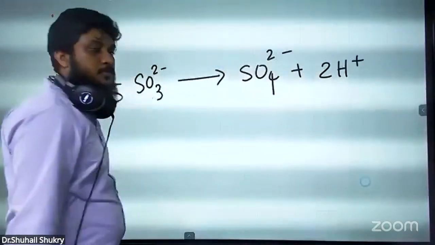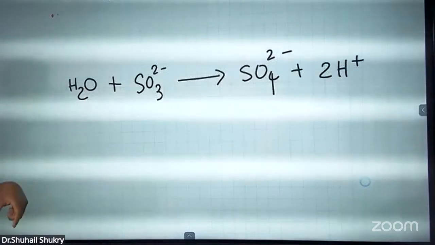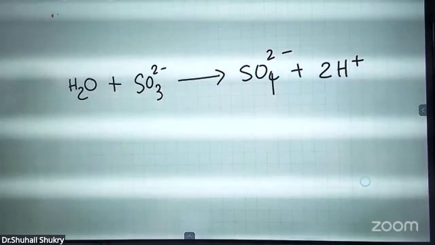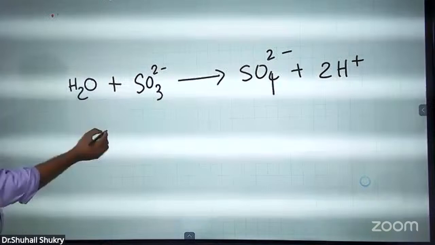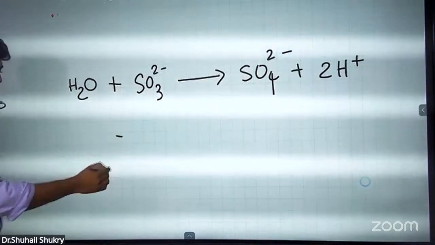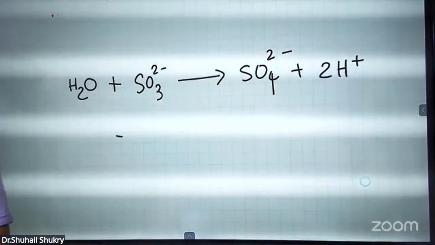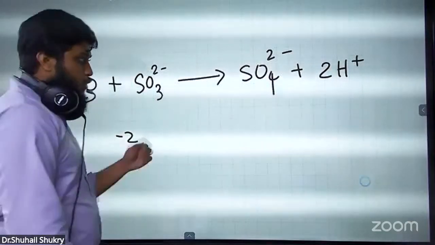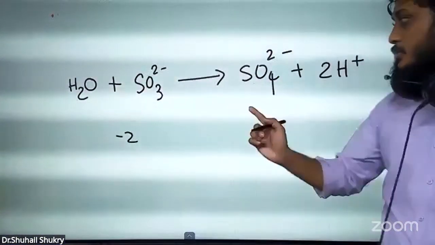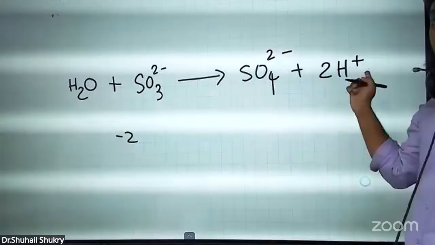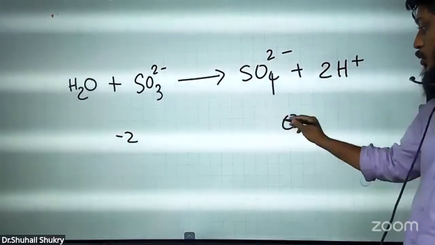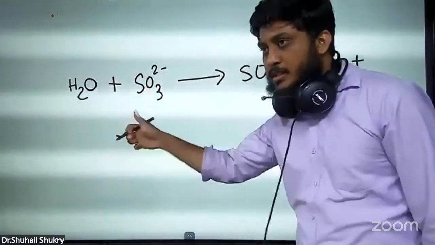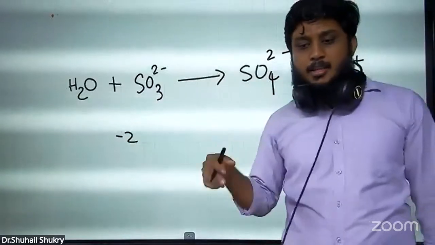Everything clear? Now let's balance the charges. What is the total charge here? Minus 2. What is the total charge here? Minus 2 and plus 2, so 0. This side is minus 2, this side is 0. I can balance the charges only by adding electrons.